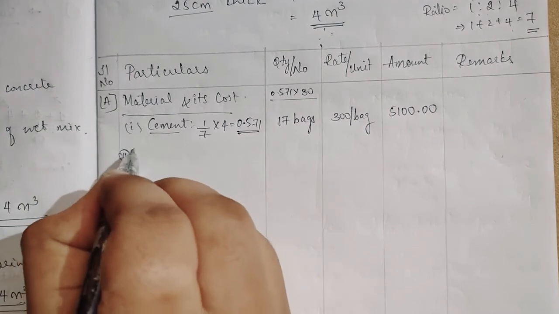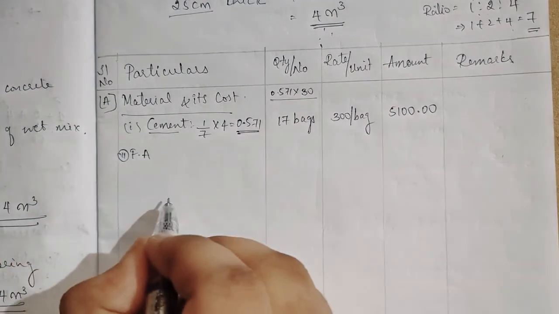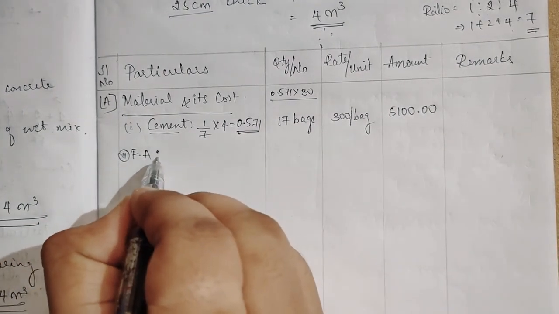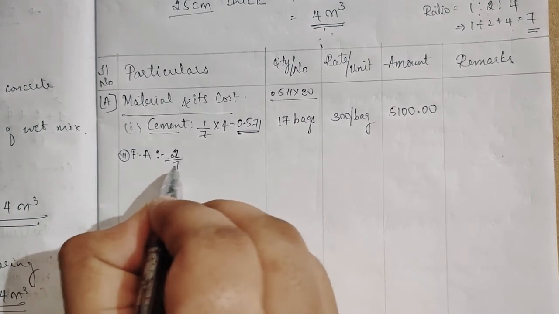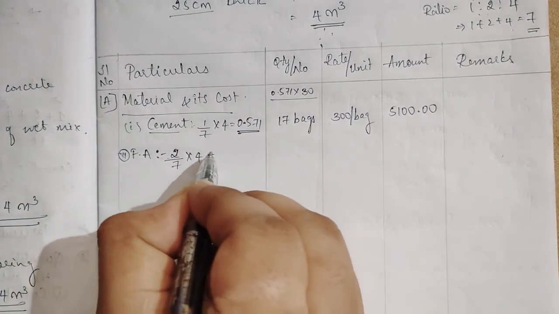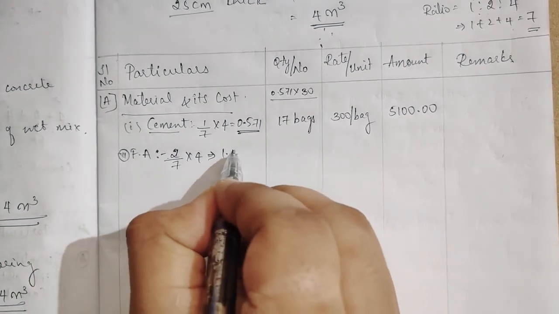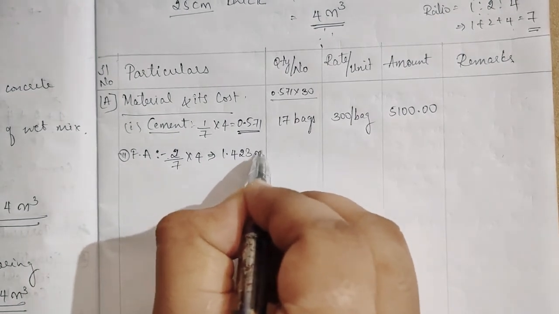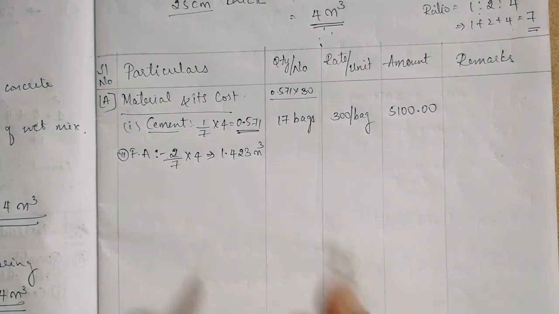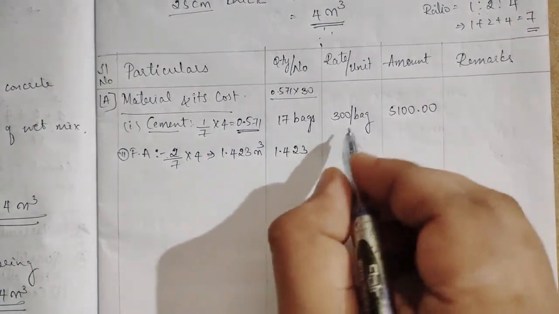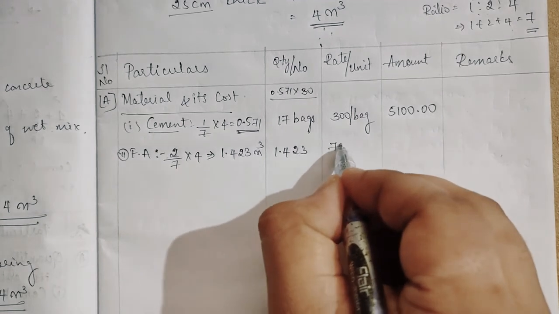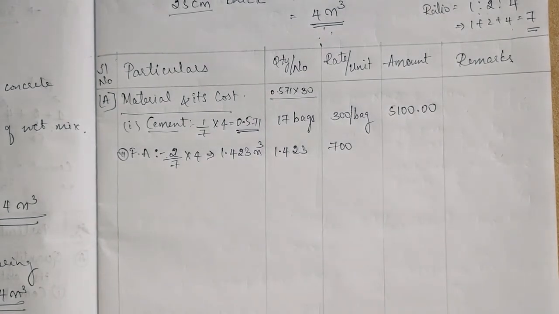Now second one is the fine aggregate. Fine aggregate will be 2 by 7 of 4, which will be 1.423 meter cube. I'll take directly 1.423. If you practice you will get the rate automatically.